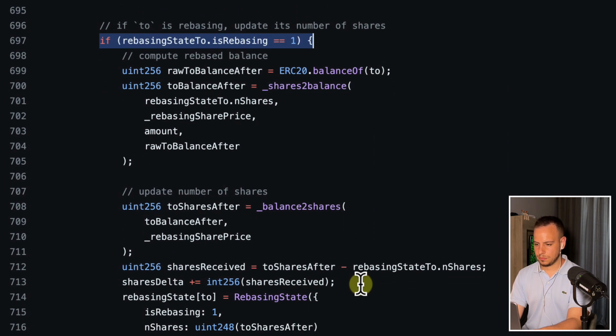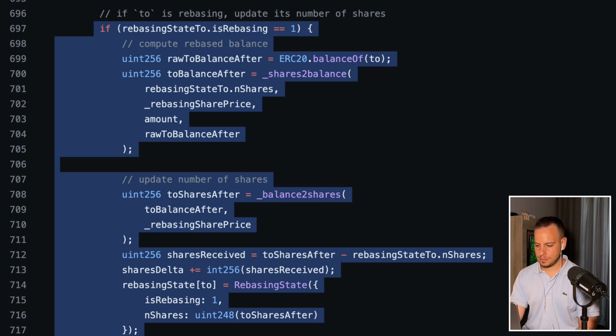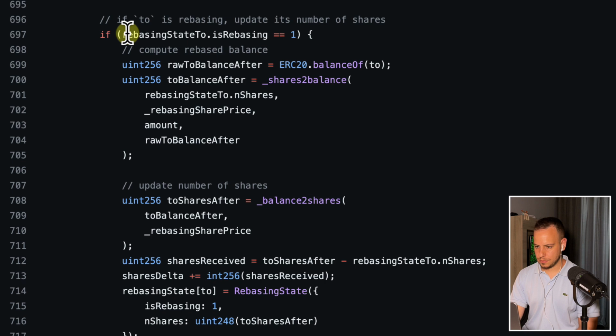Yeah, inside here, we're updating the shares for the account that is receiving the tokens, but since the receiver and the sender are the same, we're basically overriding the sender's account, and as a consequence, it increases the shares of the sender.